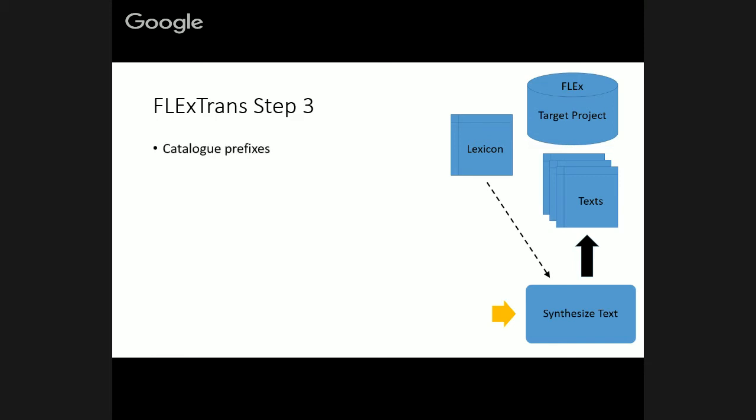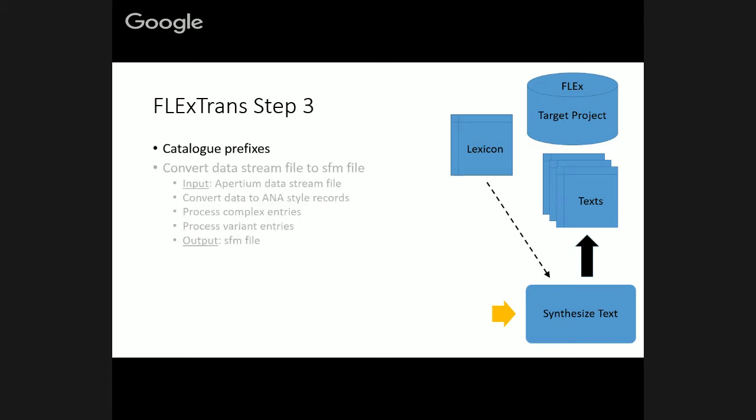Okay, I have several modules that run here, 4 in fact, and it's a lot of housekeeping basically, so that Stamp can get ready and run. So catalog which prefixes are there, then the data stream that came out of Apertium needs to be converted to ANA style records that Stamp can read in SFM kind of format.